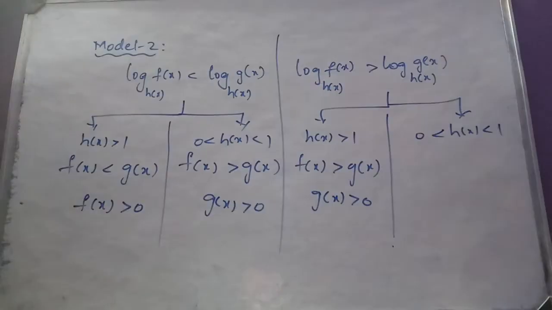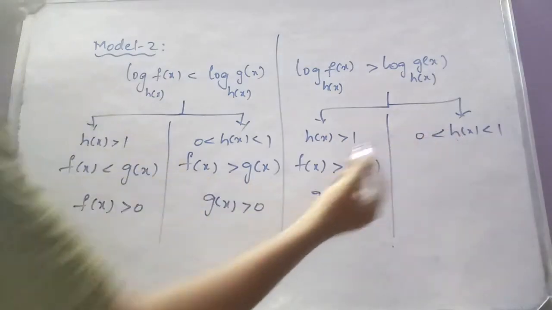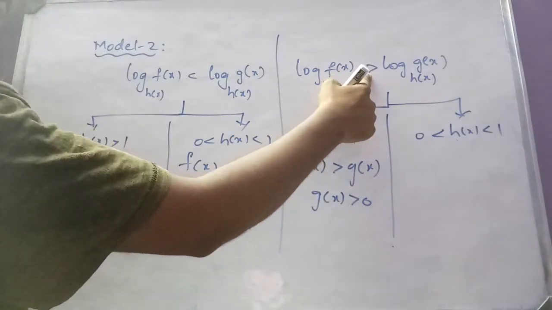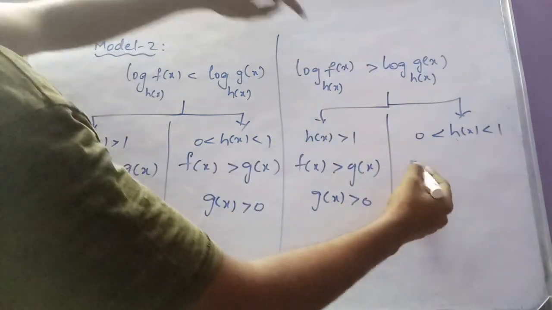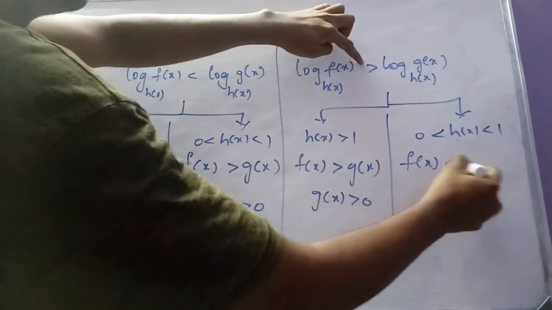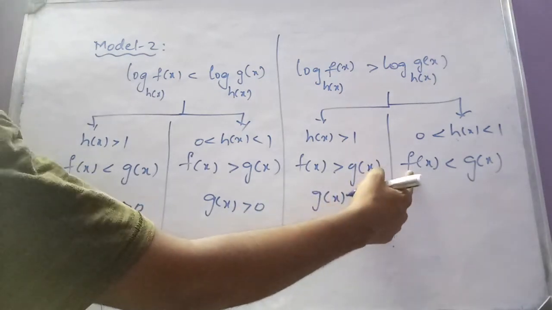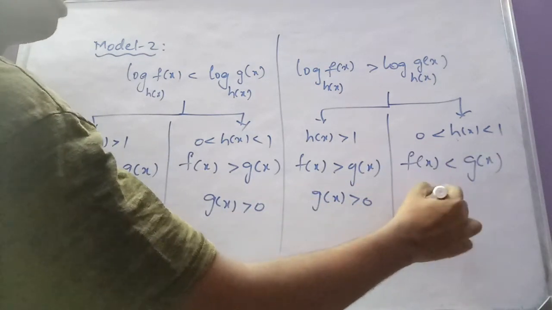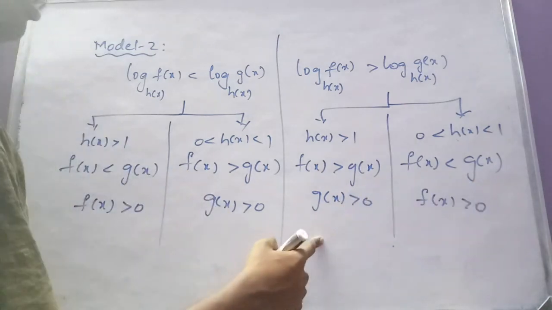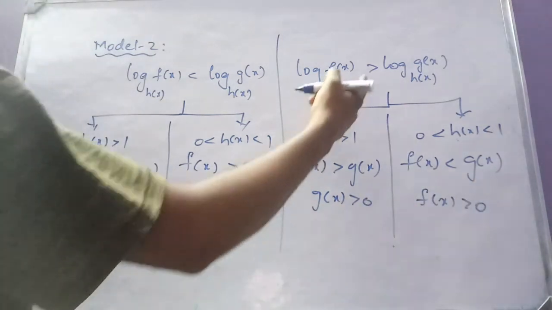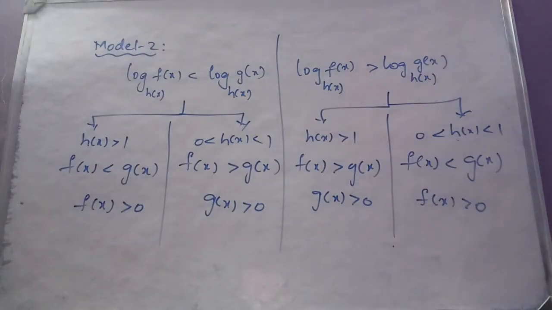And in this case what happens? Since h of x is a proper fraction, the inequality will change if I ignore logarithms. So f of x less than g of x, and since f of x is smaller than g of x, that must be positive. So this solution set union this solution set is the required solution of this inequality.